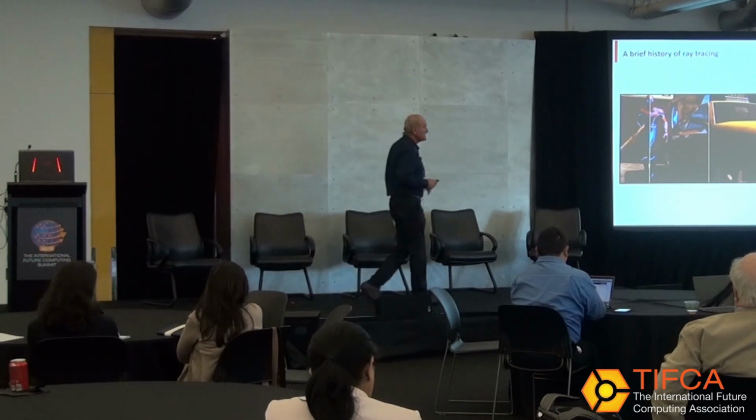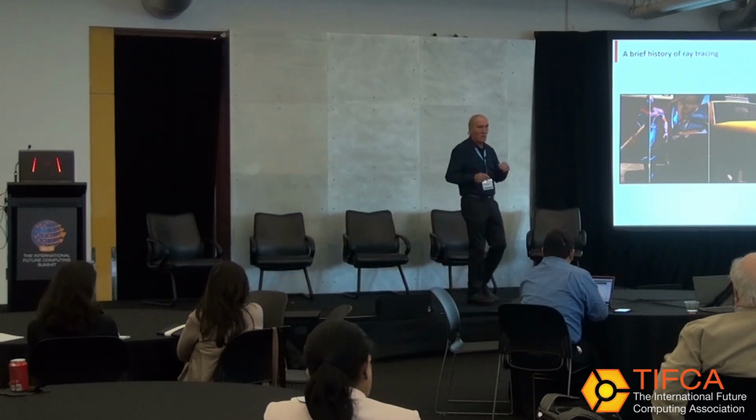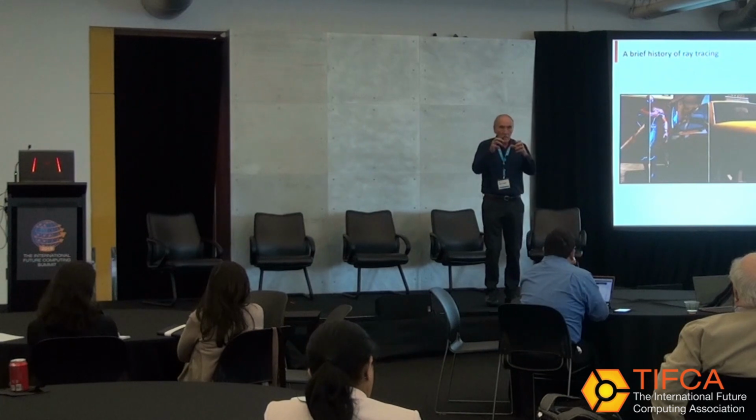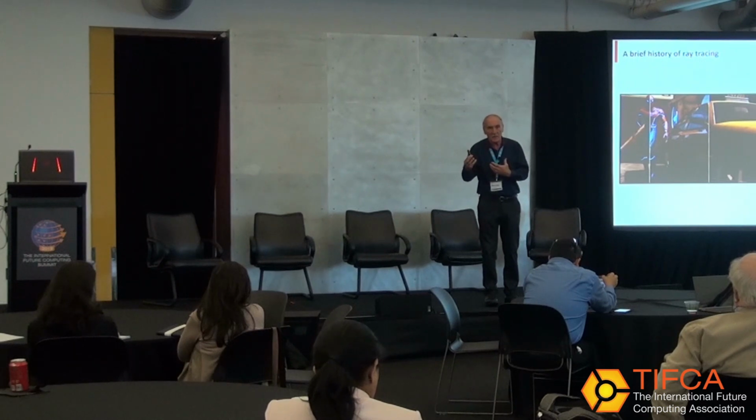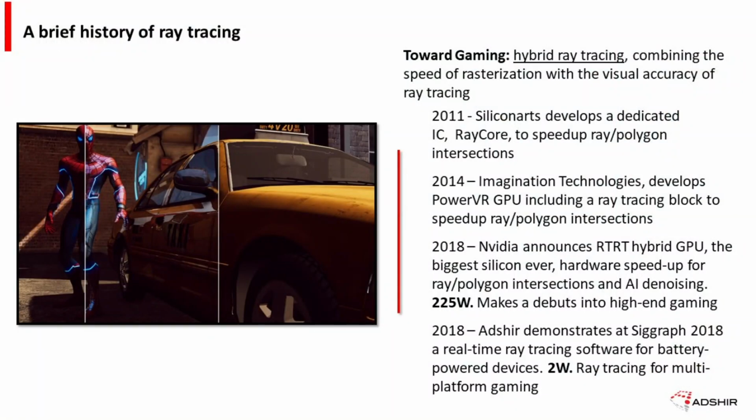And this ray tracing GPU is based on a GPU hardware and extra hardware, two pieces of hardware, one to speed up the ray tracing, and the second one to denoise. Because as we will see, there is a lot of noise in ray tracing. How do you denoise it? This is done in hardware.